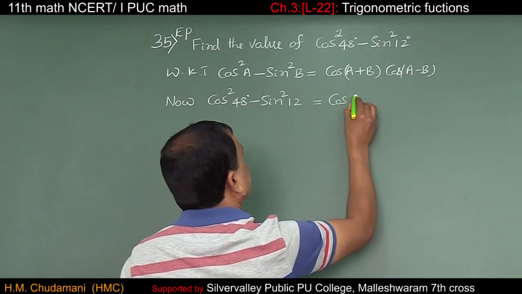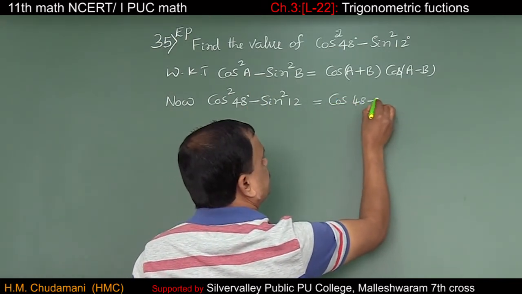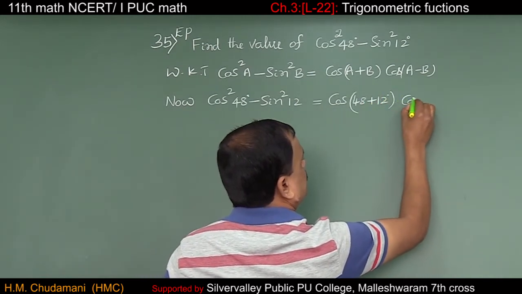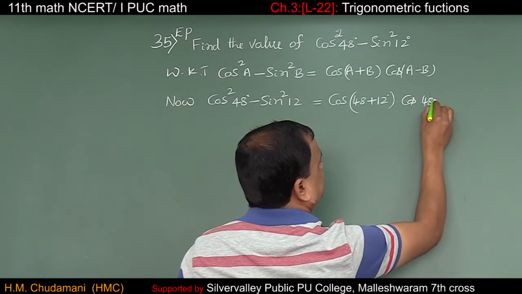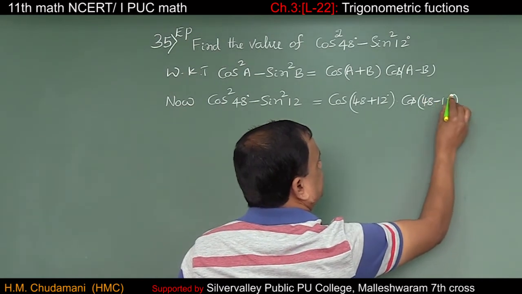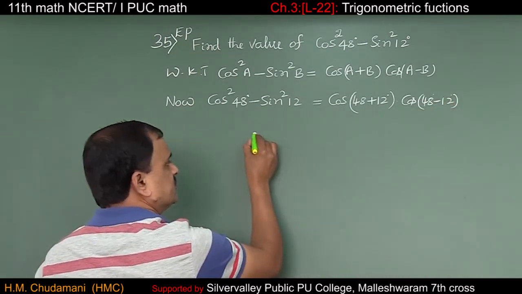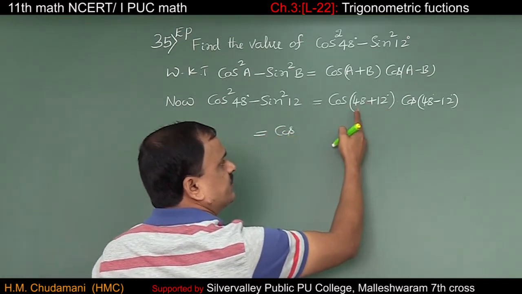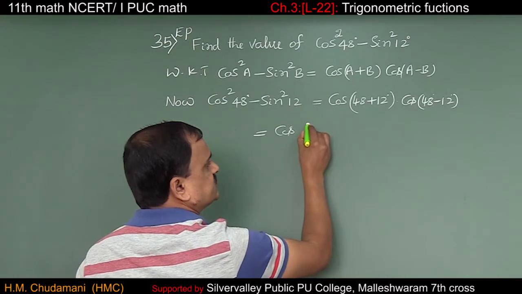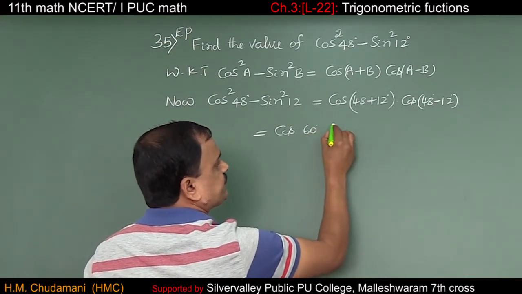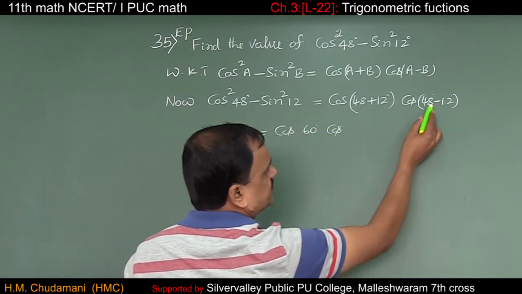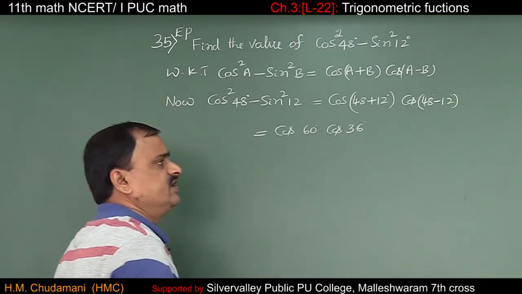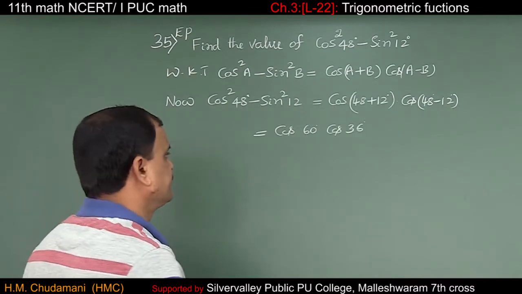So cos of a plus b, 48 plus 12, into cos of a minus b, 48 minus 12. That is equal to cos of 60 into cos of 36.